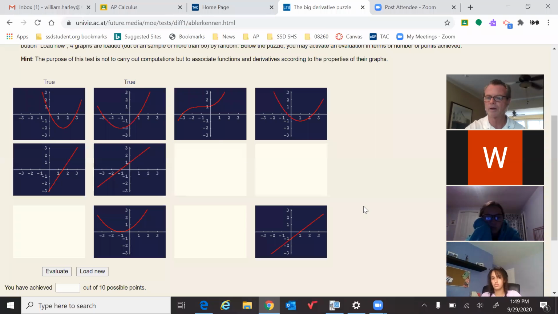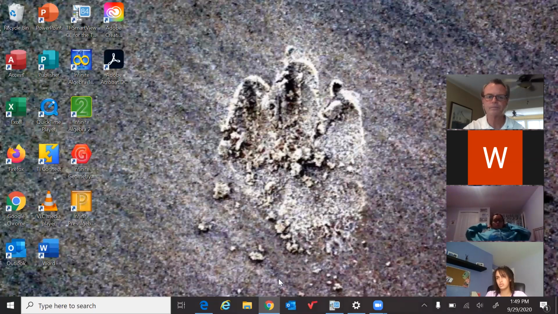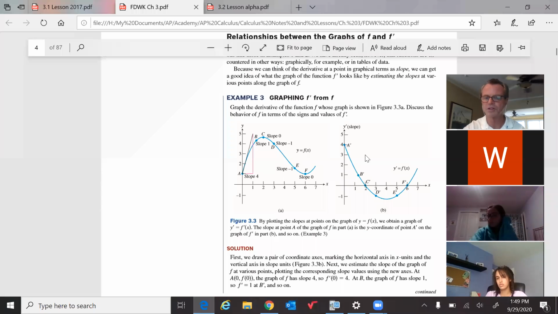True, okay? And nobody's keeping score here. You can do this and refresh this page as often as you want. But the link for the big derivative puzzle is in the Chapter 3 folder on Canvas.